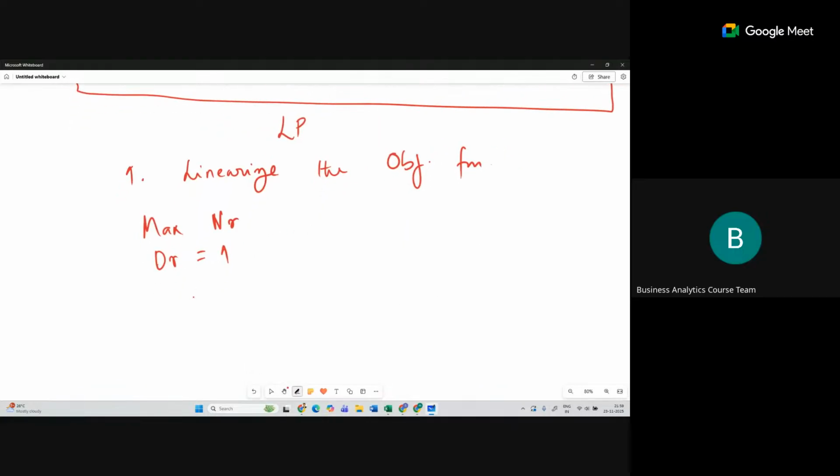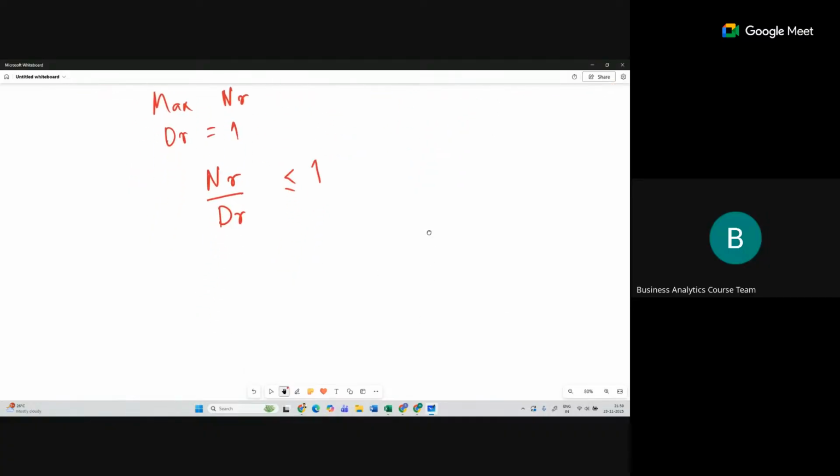You have a numerator, you have a denominator, right? You are trying to maximize the efficiency and you know that the efficiency cannot be greater than 1. It has to be lesser than or equal to 1. So now what we will do is we will only maximize the numerator, and if you cross multiply, you can have a constraint saying that numerator should be less than or equal to denominator, right?